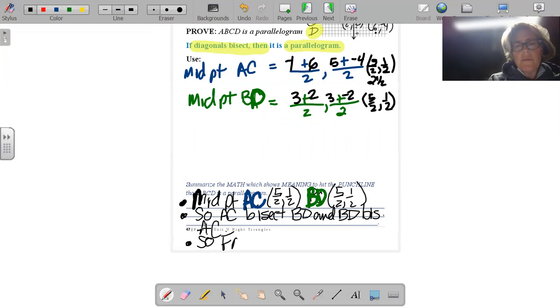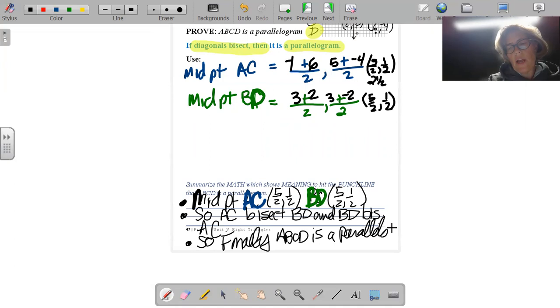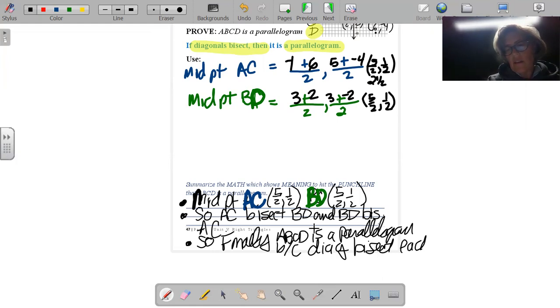So finally, ABCD is a parallelogram because diagonals bisect each other. Math, meaning, punchline.